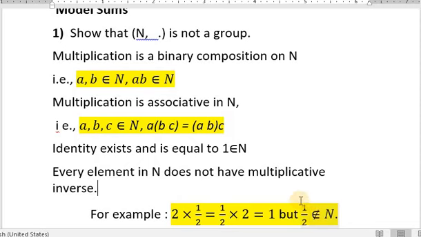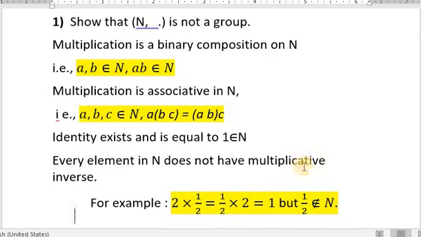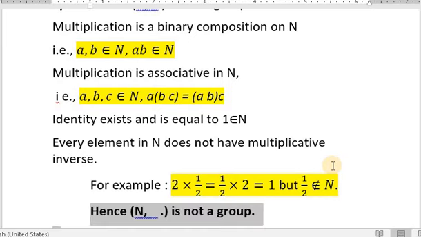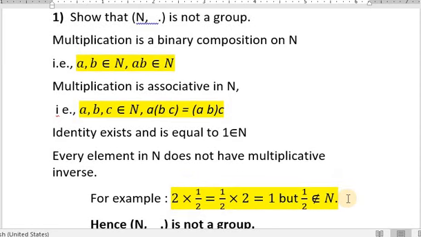So the inverse element does not exist in this set, therefore it is not a group. So (N, dot) is not a group. So this is the first example. See, we have taken the (N, dot).